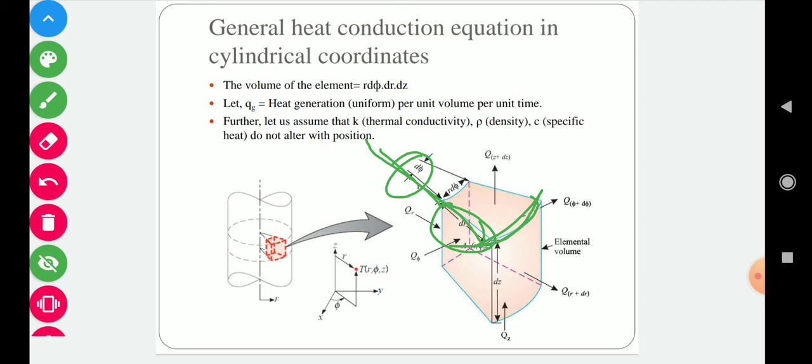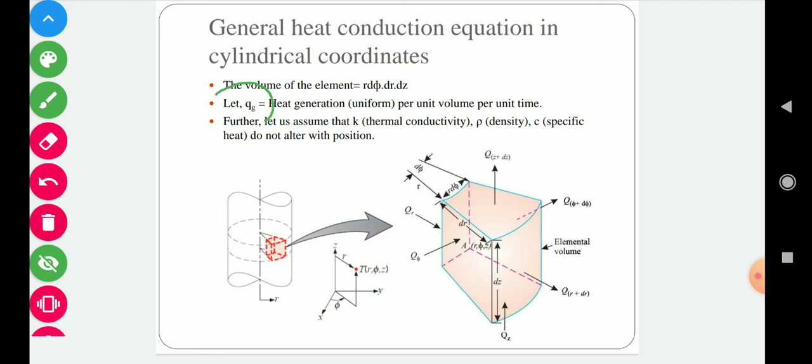So we can say this length will also be equal to r d phi. So again this is like a cuboid having dimensions dr, dz and r d phi, so its volume will be r d phi into dr into dz.